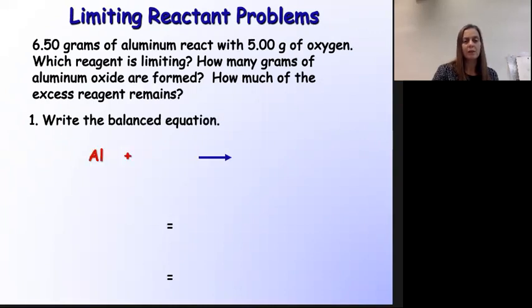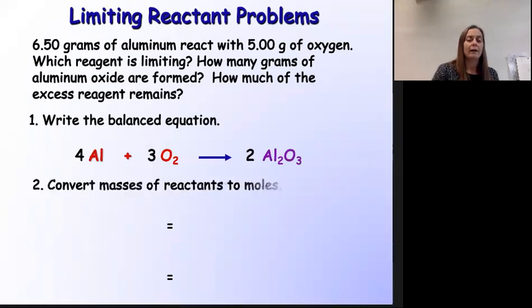So aluminum plus oxygen yields aluminum oxide, and we're going to balance our chemical equation by putting a 4 in front of the aluminum, a 3 in front of the oxygen, and a 2 in front of the aluminum oxide.